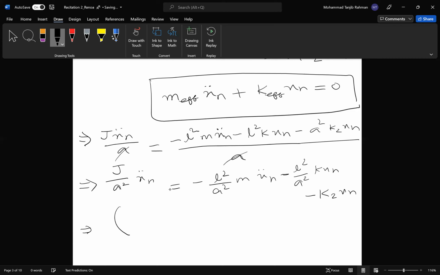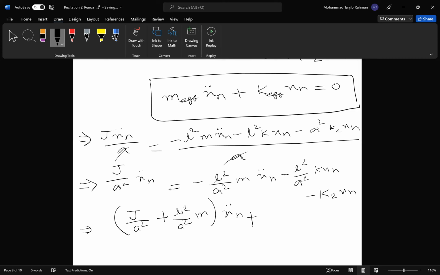So now if I group together everything before the x double dot n, I will get j divided by a square plus b square by a square multiplied by m x double dot n.